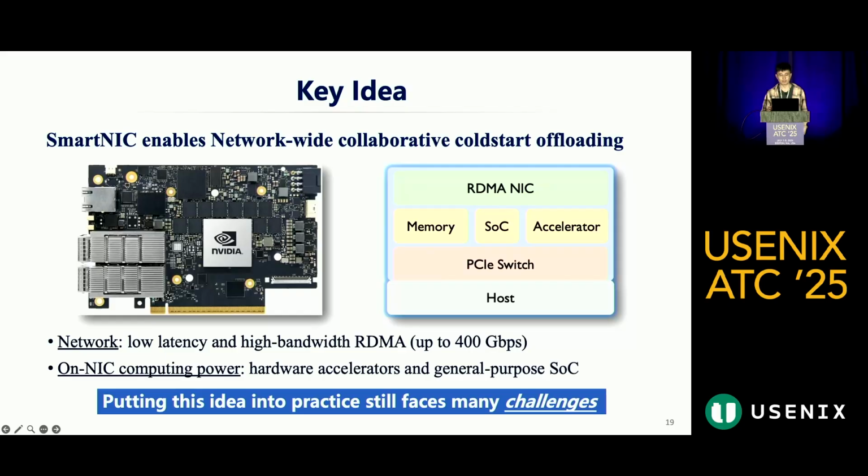This enables SmartNICs to offload computing tasks. The SmartNICs are connected to the host server via PCIe switches, and they offer up to 400 gigabits per second of low-latency RDMA network, making it feasible to transfer data quickly across the clusters. However, putting this idea into practice still faces many challenges.